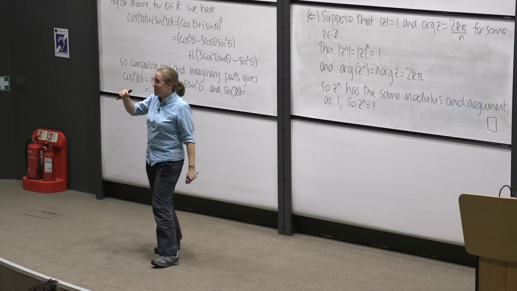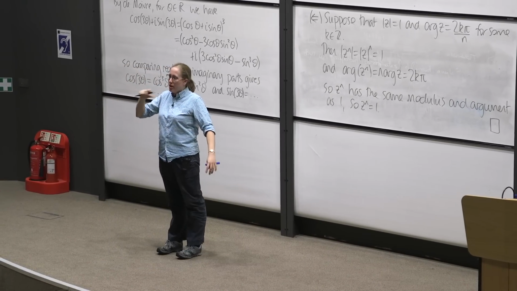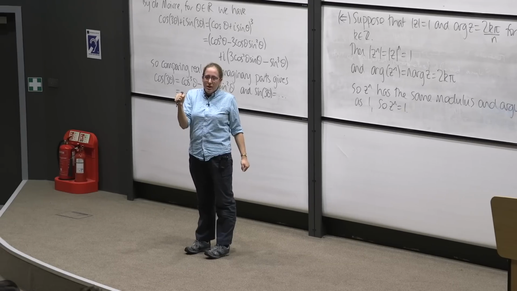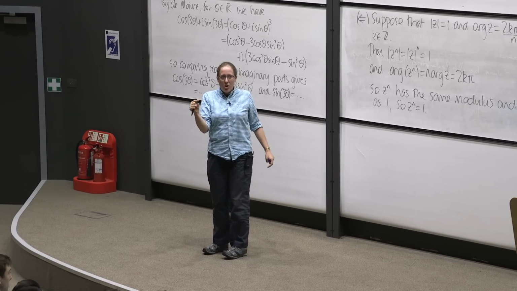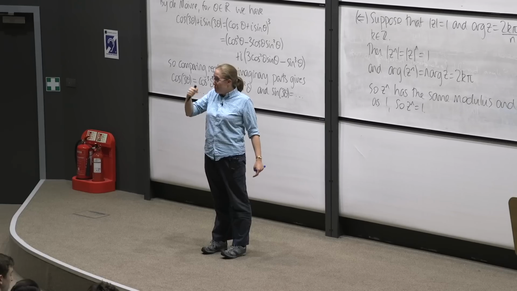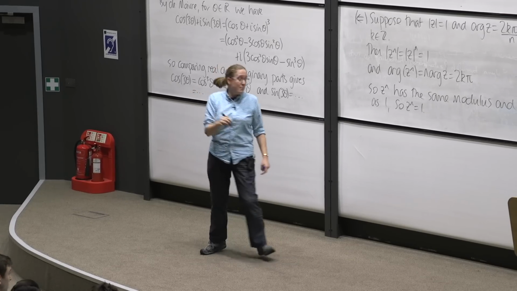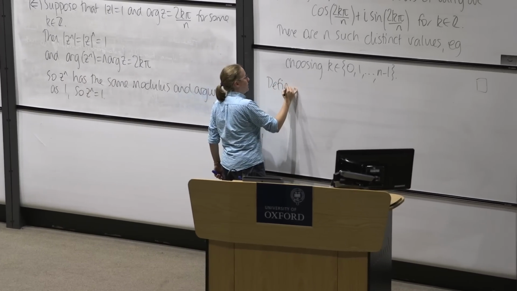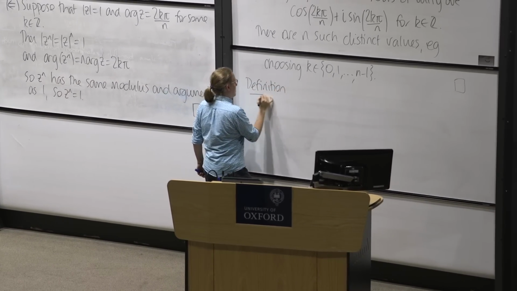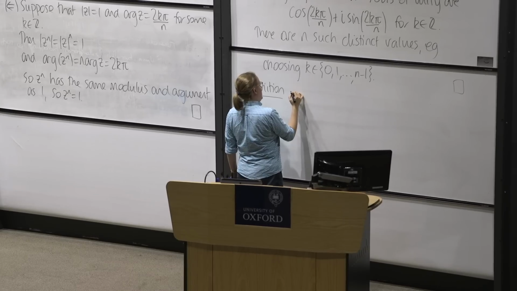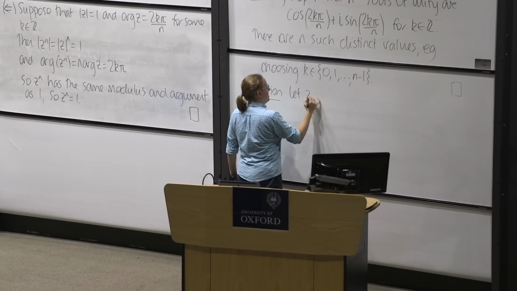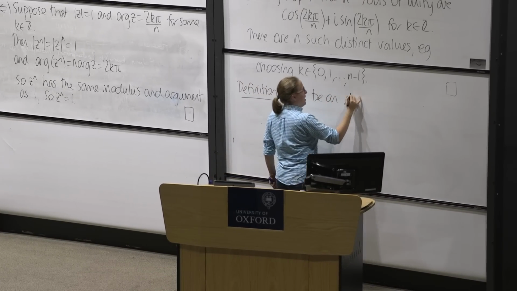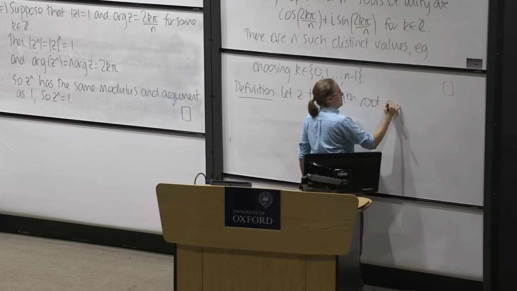There are some nth roots of unity that are even more exciting than others. There are some that are nth roots of unity, but aren't mth roots of unity for smaller m. And they're particularly important, so they get a special name. So this is a definition. Let z be an nth root of unity.